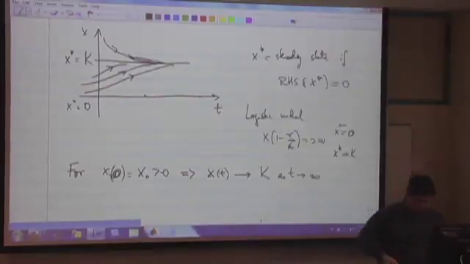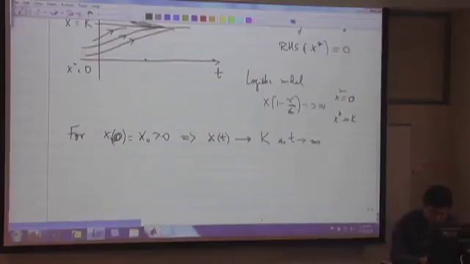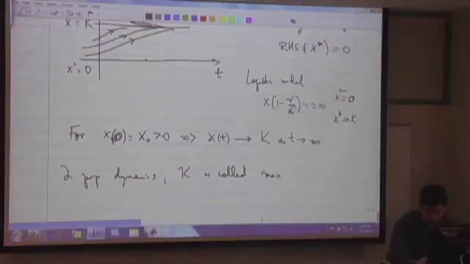So this value k has a meaning in population dynamics: k is called the maximum sustainable population.